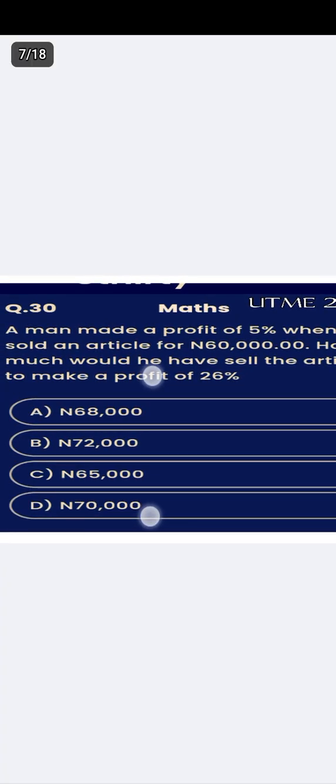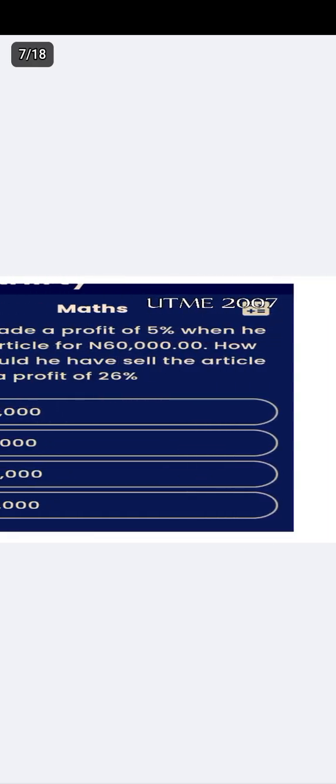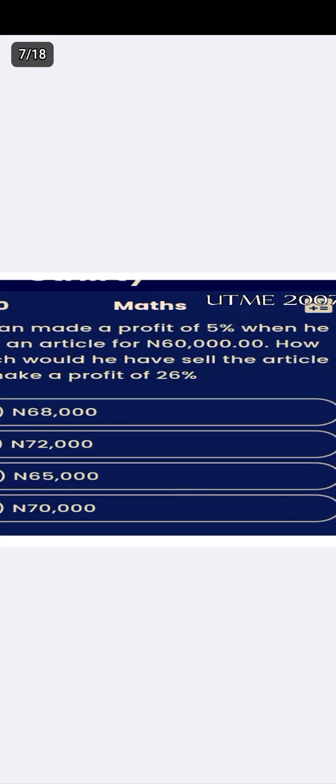Okay, let me ask you. Why did we use the two formulas to evaluate this question? You are right. We use the two formulas because we first of all need to find the cost price.